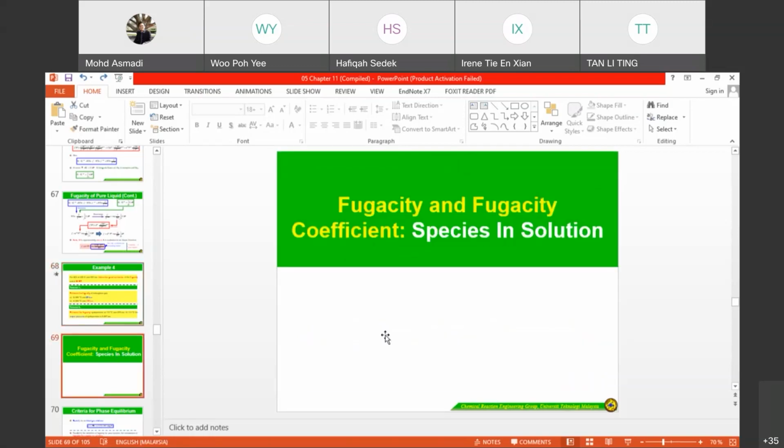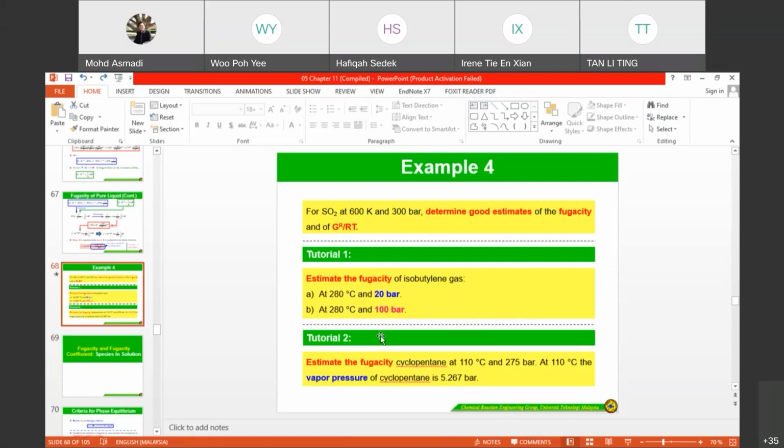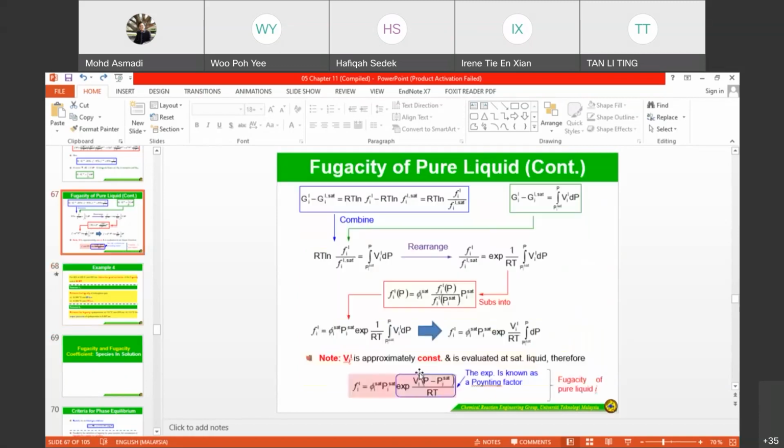Whether it's a liquid phase or gas phase, you have to determine. If it is a liquid, you have to use this equation. So how to determine the liquid volume at the saturated point?